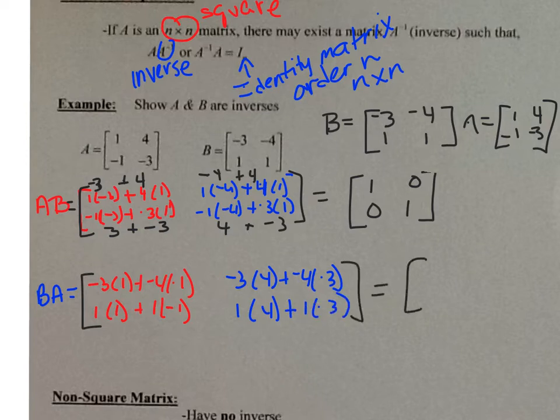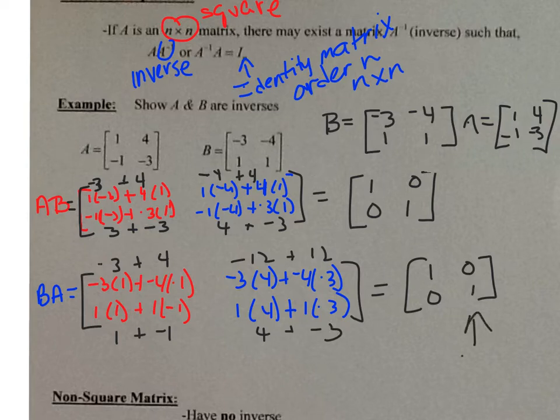All right, so -3 times 1 is -3 plus -4 times -1 is +4, and -3 plus 4 is 1. 1 times 1 is 1 plus 1 times -1 is -1, that's 0. -3 times 4 is -12, and -4 times -3 is 12, so that's 0. And 1 times 4 is 4 plus -3, and that is 1. So also we get the identity element when I multiply them.